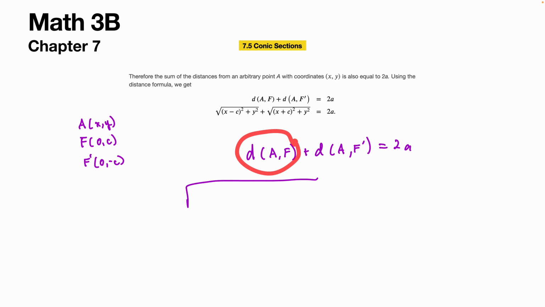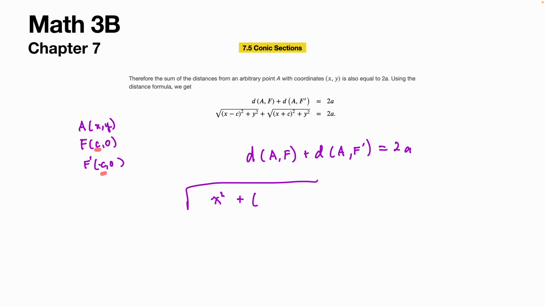So that when we look here, from this point to that point, we're going to get x minus 0, that's x quantity squared, plus y minus c quantity squared. Oh, my bad. I have these backwards. C and 0, negative c and 0, since we have a major axis which is horizontal, not vertical.